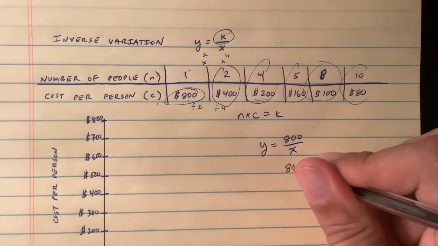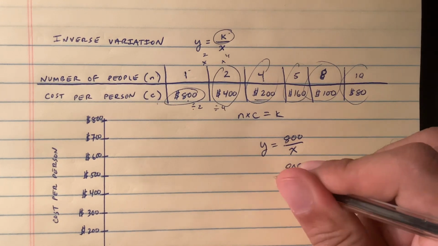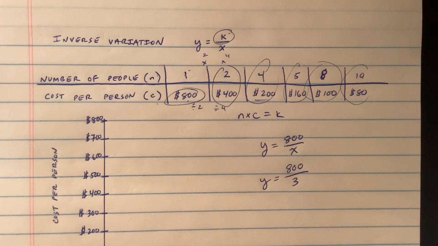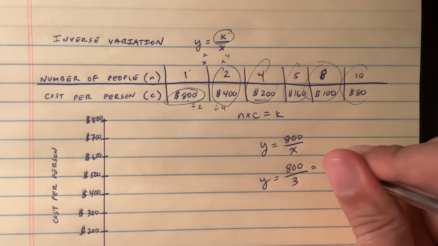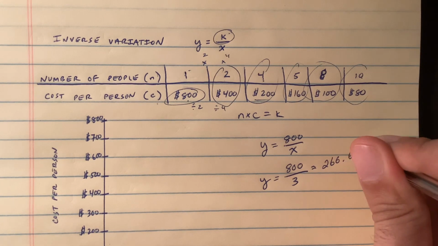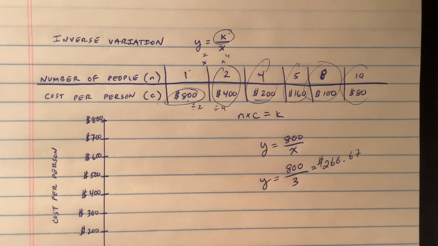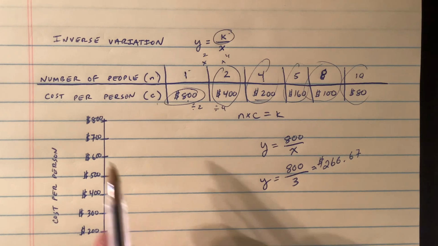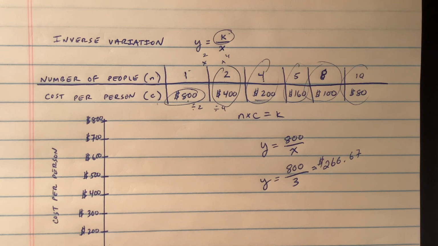We would just take 800 divided by 3, and using some division, 800 divided by 3 is approximately $266.67 per person.